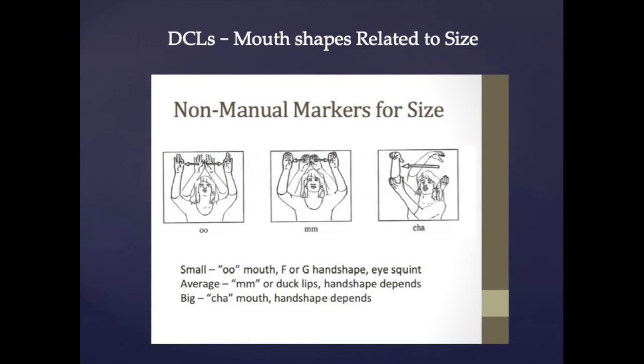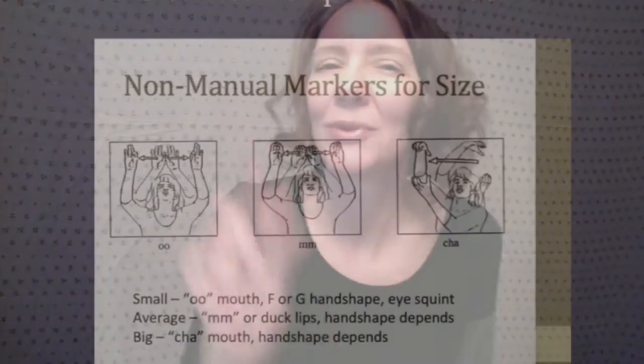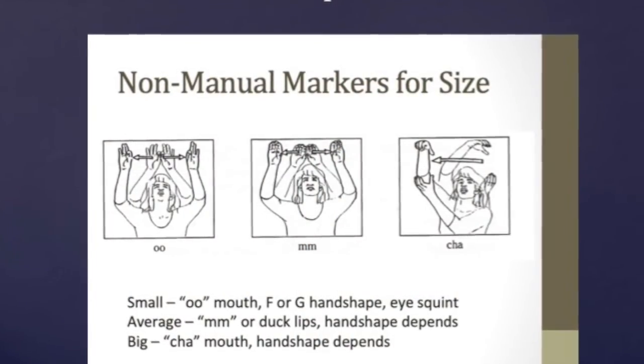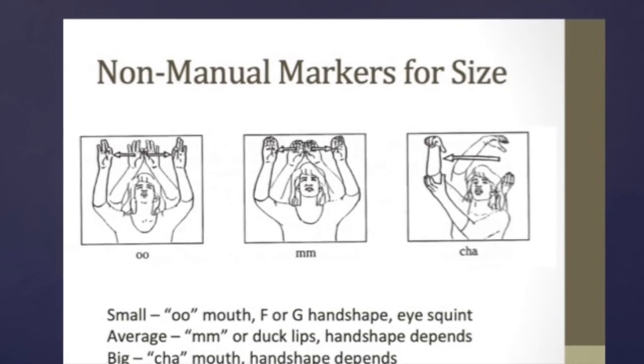Descriptive classifiers include non-manual markers in the form of mouth shapes to indicate size. For very small things, the lips should form an O shape, and the eyes squint just a little. Average-sized things include an M mouth shape, sometimes called duck lips.